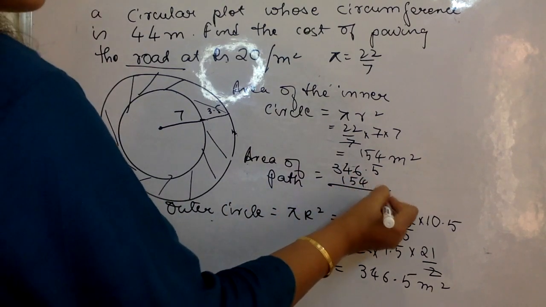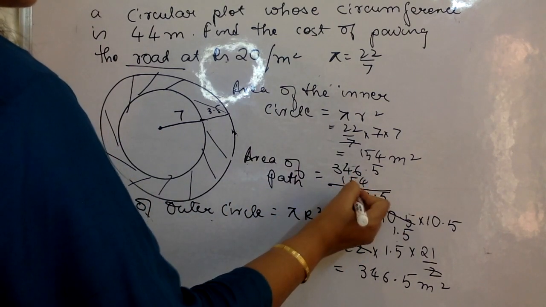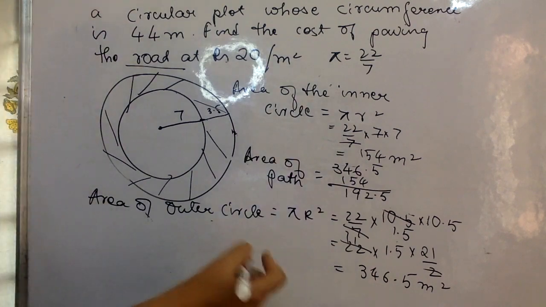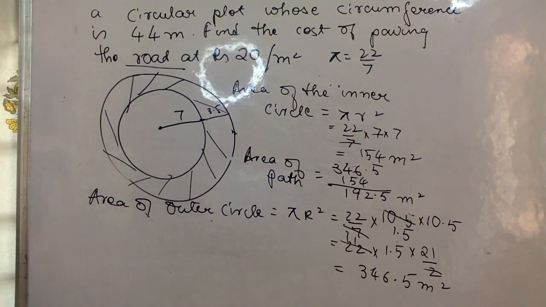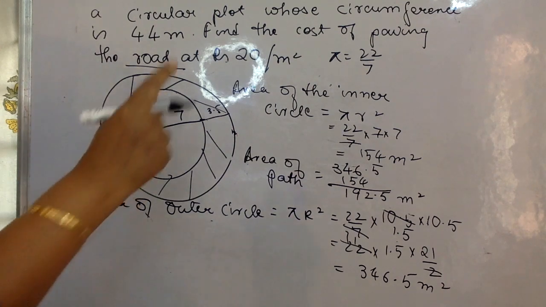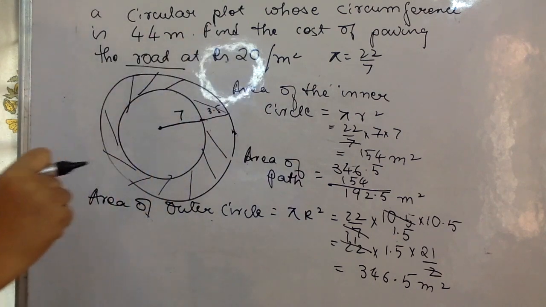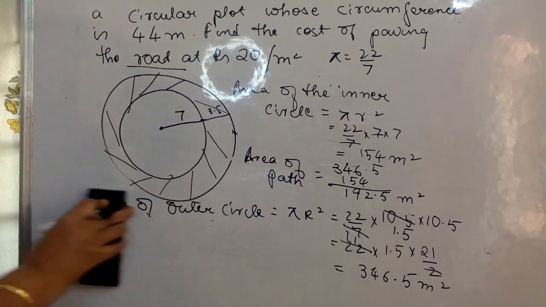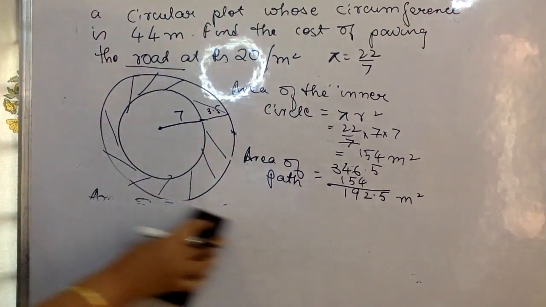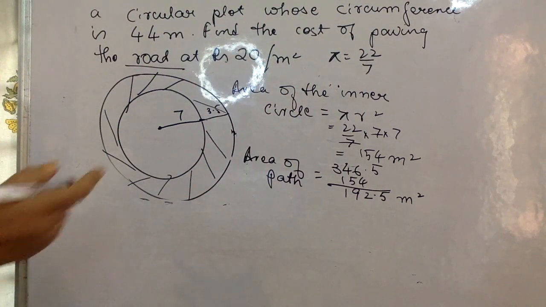So that is 192.5 meter square. The sum does not end there because they have not asked us only the area of the path. They have asked us to find the cost of paving the road at rupees 20.